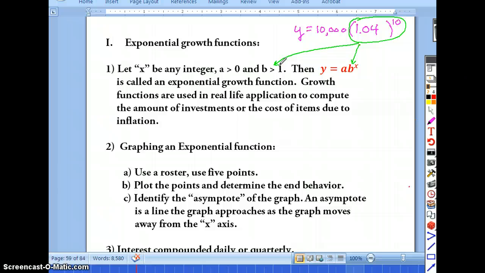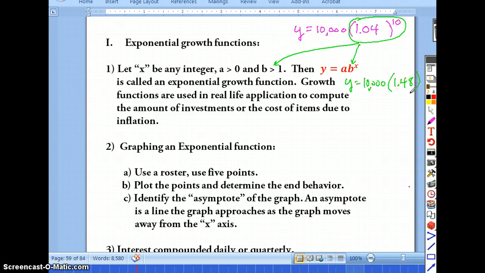And so just using this example, if we take 1.04 and raise it to the 10th power, we get a number approximately 1.5. Approximately 1.5. If we go to two places, I believe it comes out to this.